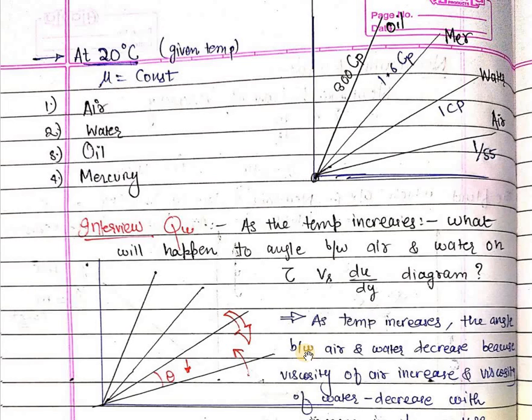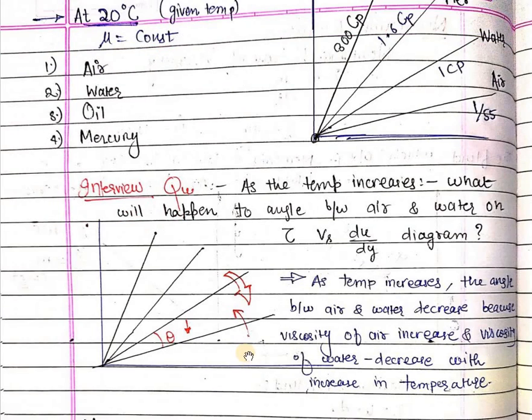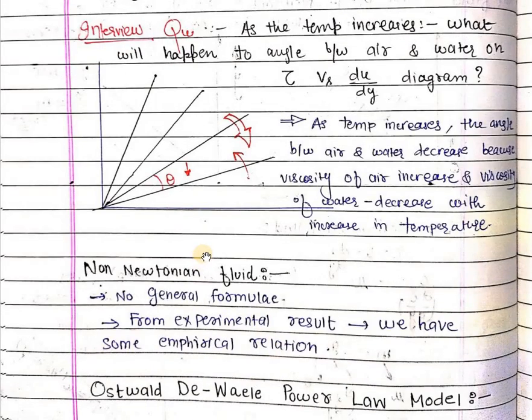Although gas and liquid both come under the category of fluid, on increasing the temperature the viscosity of air increases and the viscosity of water decreases. So the angle between these two simultaneously gets reduced. So this was the first explanation of the Newtonian fluid.